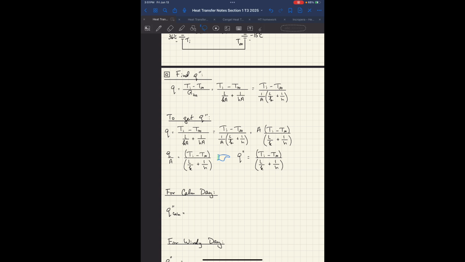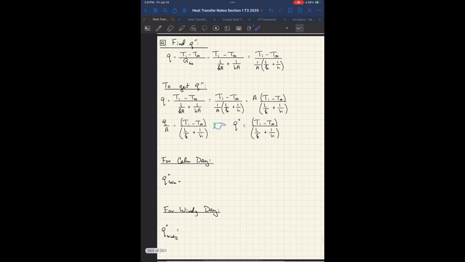The only difference between the calm day and the windy day is the H. Everything else stays the same. So let's do it for the calm day. For the calm day, we get 36 degrees as the internal body temperature. That hasn't changed. The ambient, T infinity, is negative 15 degrees.